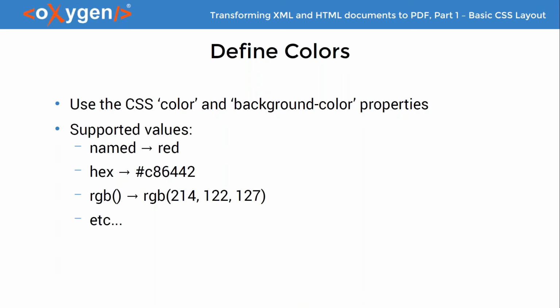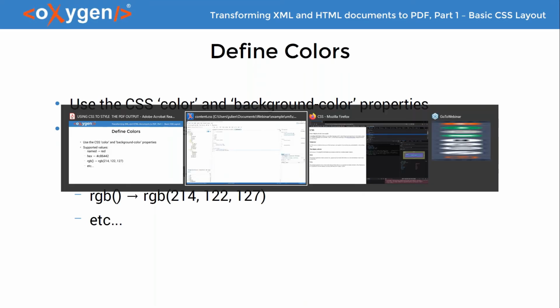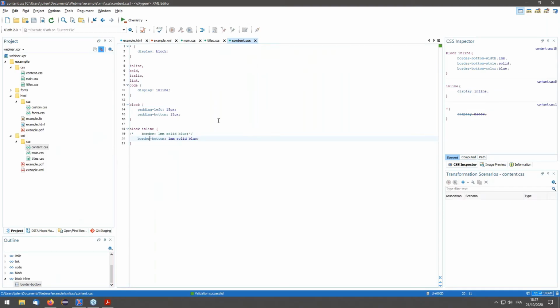You can use directly the name of the color you want, the hexadecimal values, or the RGB function, which gives the red, green, blue values and mixes them to obtain your color. As for the others, I will show it in my example.